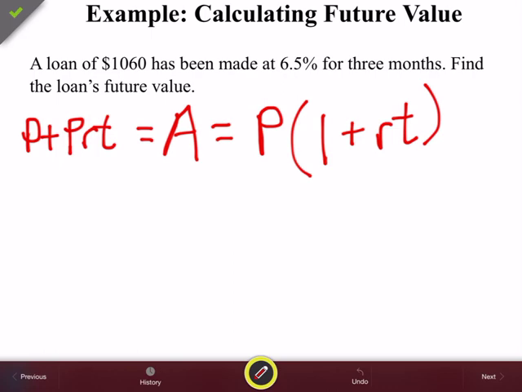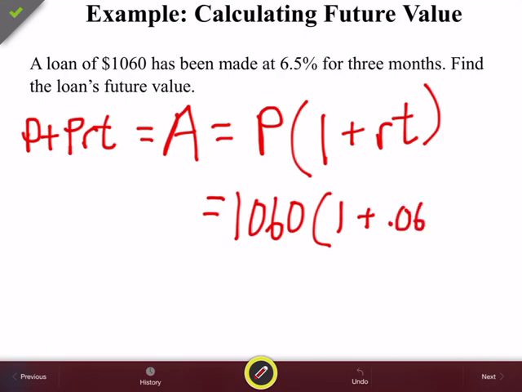So now, the principal is 1,060. It's always times 1 plus. The rate here, 6.5%, is the same as 0.065. If you like that 0 out in front, feel free to include it. Times the time.